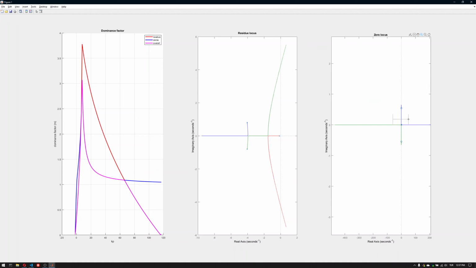The zoom is a little bit off. Yeah, there we go. Now we're talking. It's quite interesting in our case because the zeros move a bit weird here.